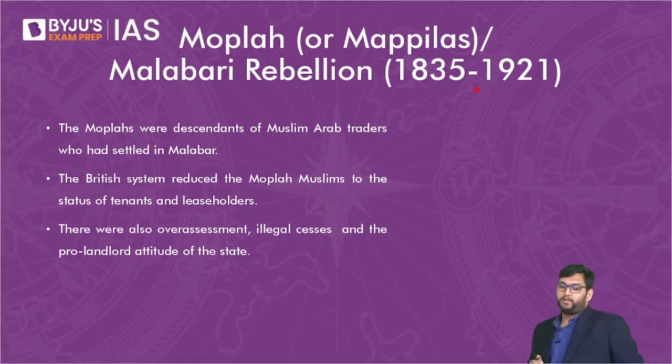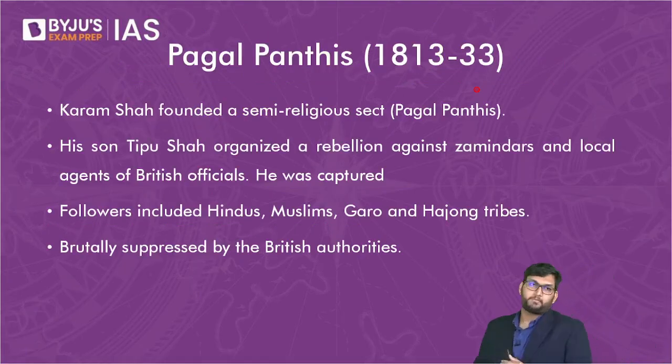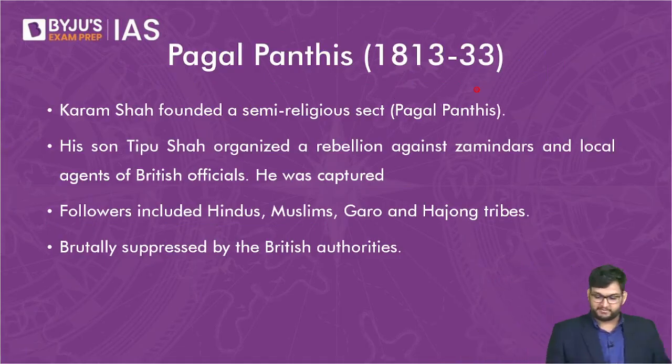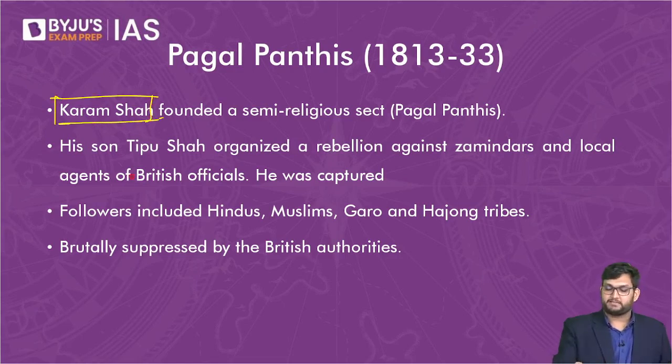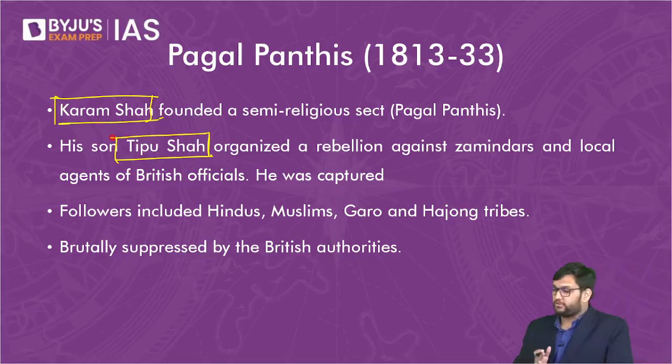Now you have what are called the Pagalpanthis, 1813-33. Here the leader is Karam Shah and his son Tipu Shah. It was a semi-religious sect, but Tipu Shah organized them properly against the zamindars, local agents of the British, and the British generally.